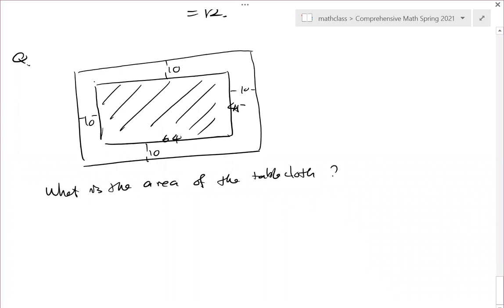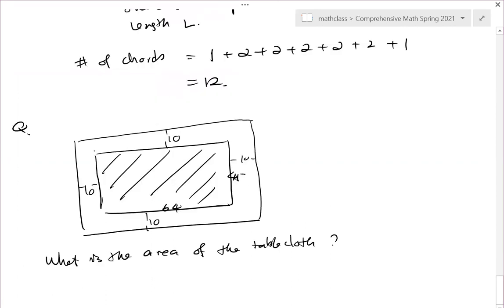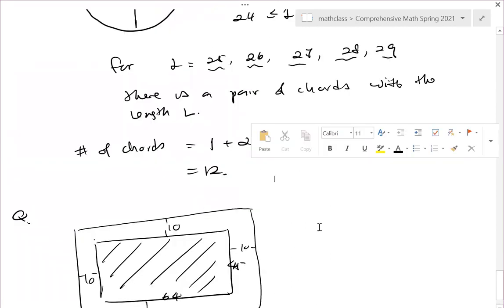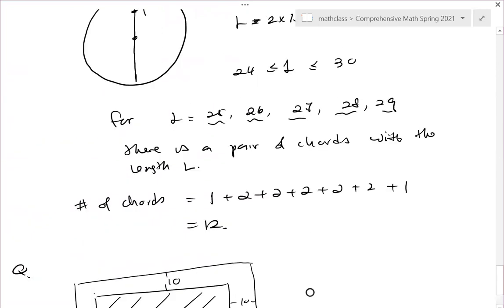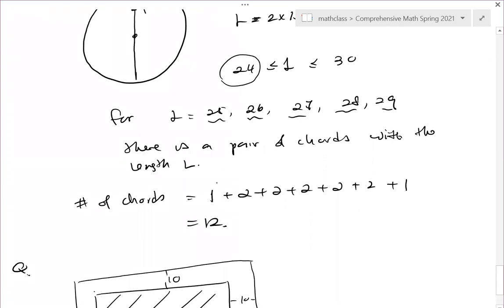Oh, Erica, you have a 24 and a 30 question, so I did not see that. So the above problem, 24 is included. When L equals 24, it's exactly one there. When L equals 30, that's exactly one. I count that.